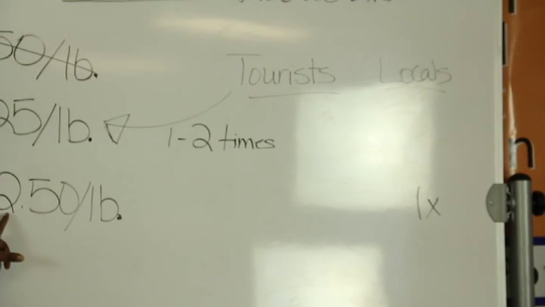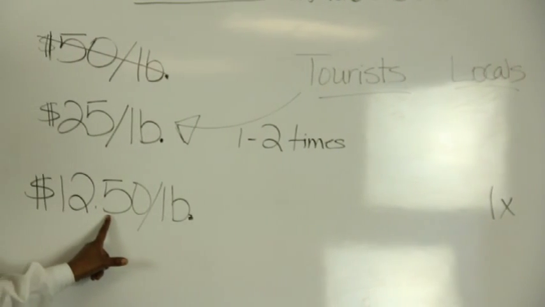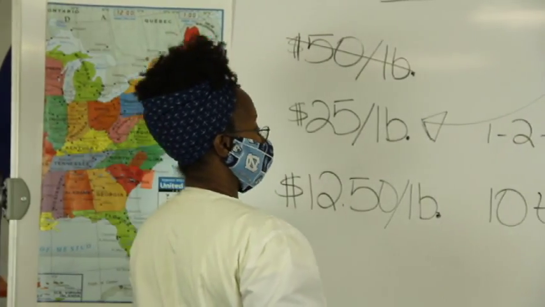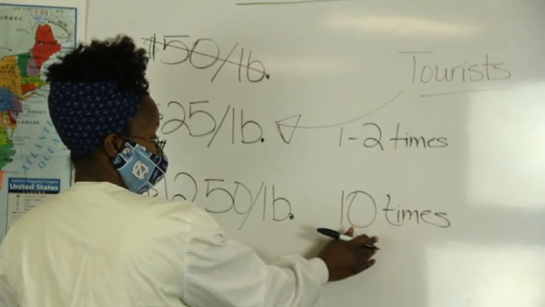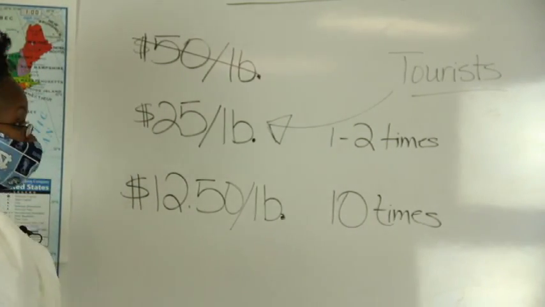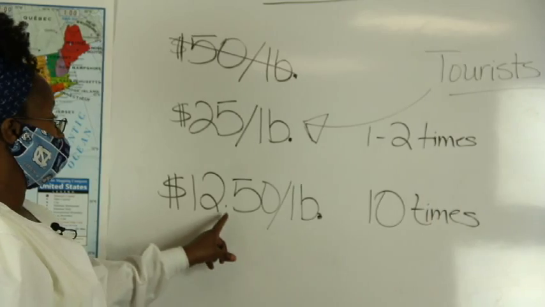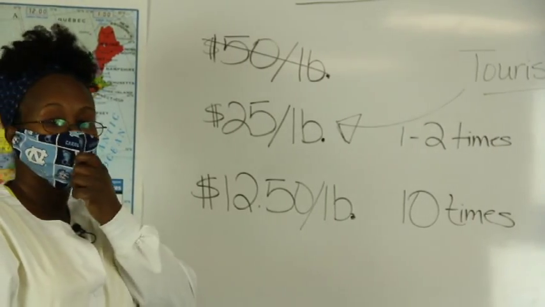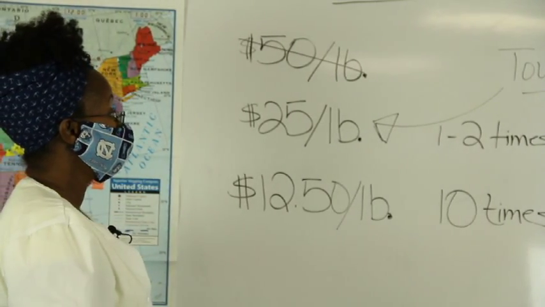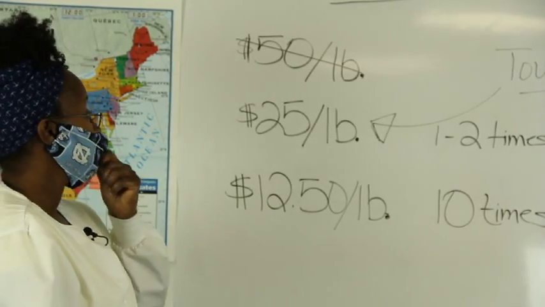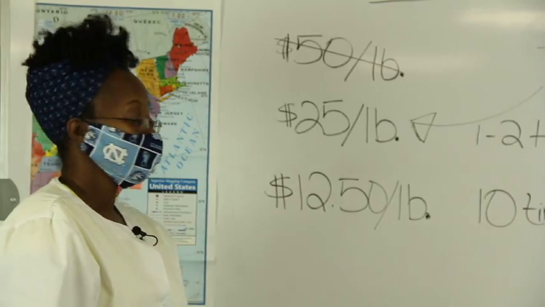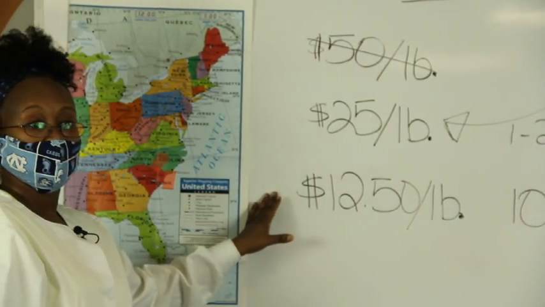Awesome. Now you got $12.50 that you've made for 1 local. All right, so the tourists are like $12.50, and they buy 10 times. How much is that? That's $125. So at $125 plus $12.50, they've done a lot better. So they like this price, right?